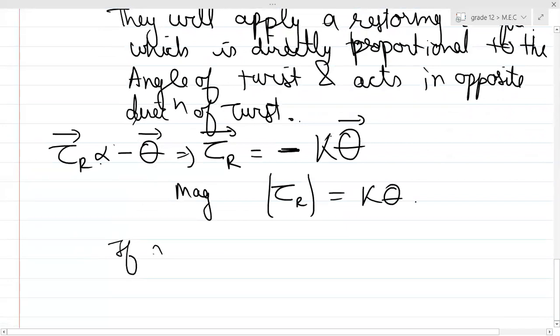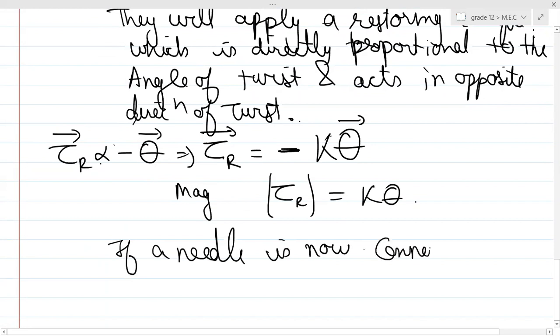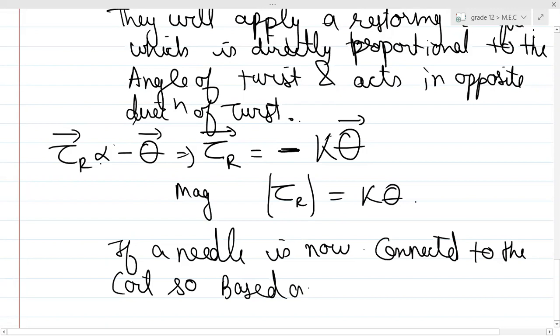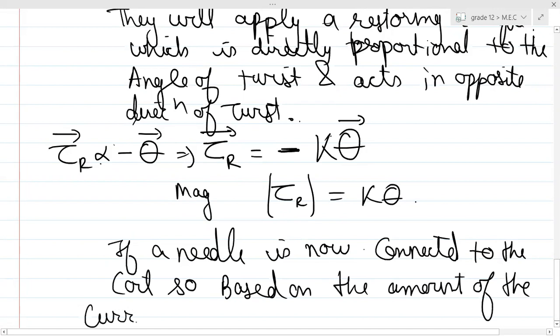Yes, sir. So if a needle is now connected to the coil, based on the amount of the current flowing, the reading can be obtained.